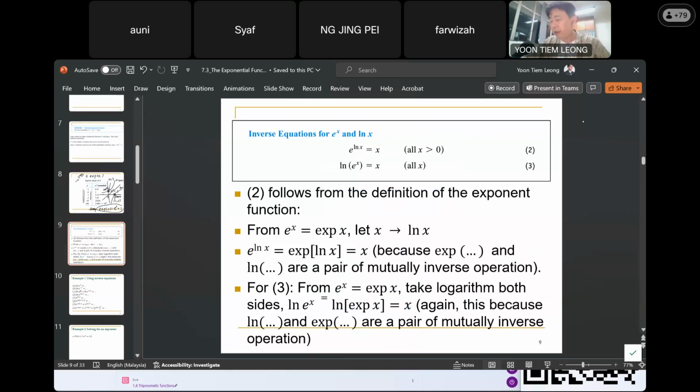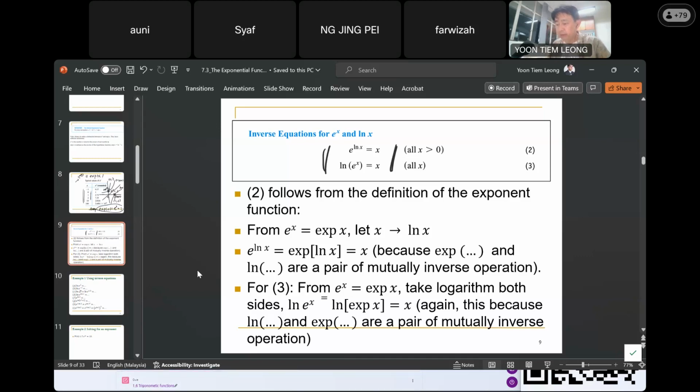After we have roughly studied the properties of the exponential function, we look at a pair of relationships that relates the logarithmic function and the exponential function.